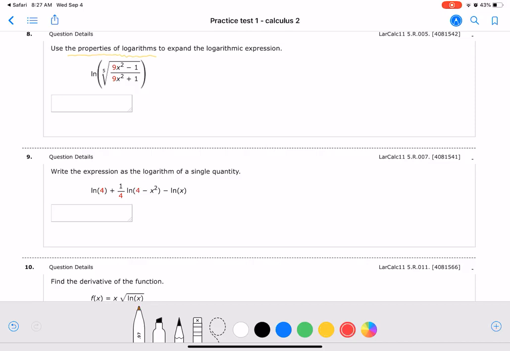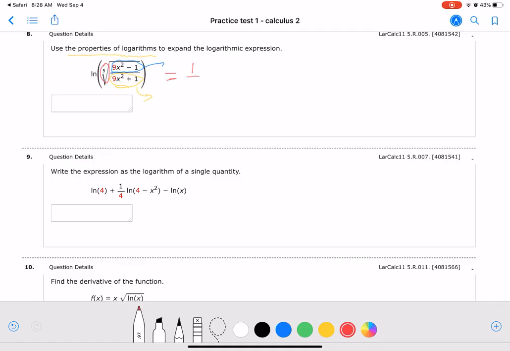So here is a common principle. If you have a power, like this is power 1/5, you bring the power out of ln. Everything on the top of the fraction will be with positive sign. Everything in the bottom of the fraction will go with negative sign. So that is the common principle, and based on that you can write very fast ln of the fifth root.